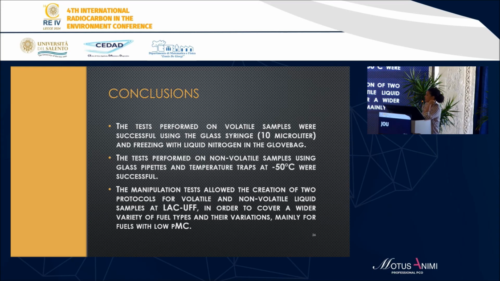As I said before, we have collaborated with some companies and they send samples with partial biofuel and very, very low PMC. So it's very important that we have accuracy and precision. The idea is to cover a variety of fuel types and their variation, mainly for fuel with low PMC.